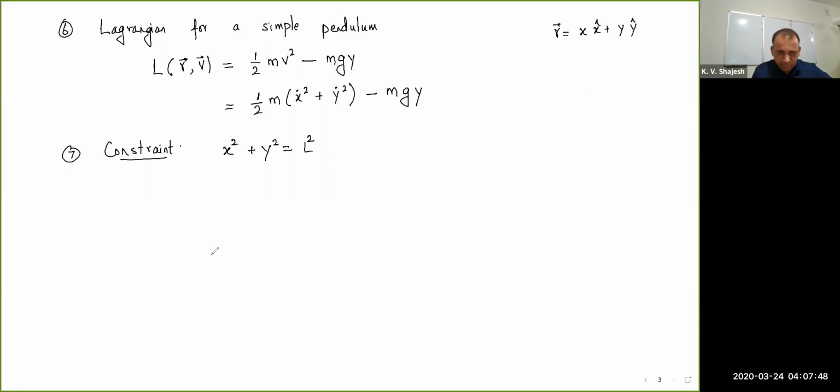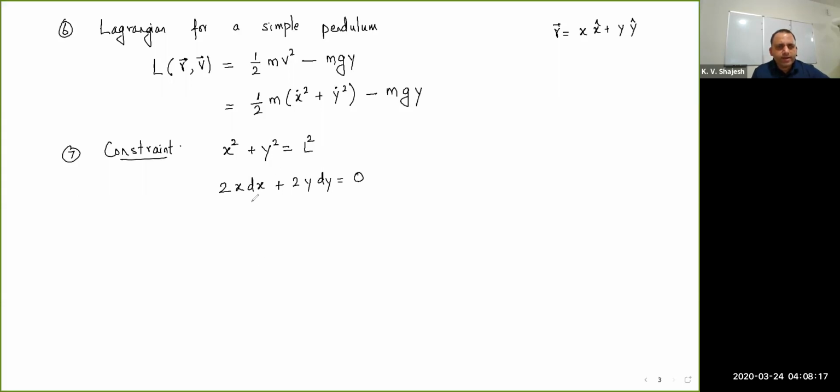Immediately we realize that this is an equation of a circle, but just to proceed in a differential manner, we take the differential of this equation, and we learn that this is 2x dx plus 2y dy, and there is no change in L, so that's equal to 0.